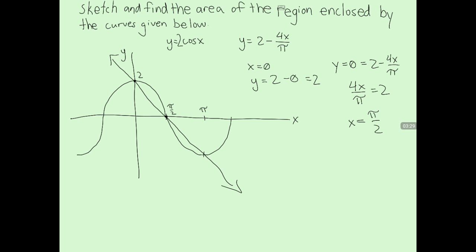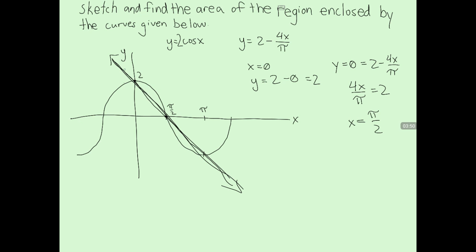Now, we can see that these 2 regions look relatively symmetrical, even though my drawing is still kind of sketchy. But you know that cos x is sort of symmetrical around the y-axis.